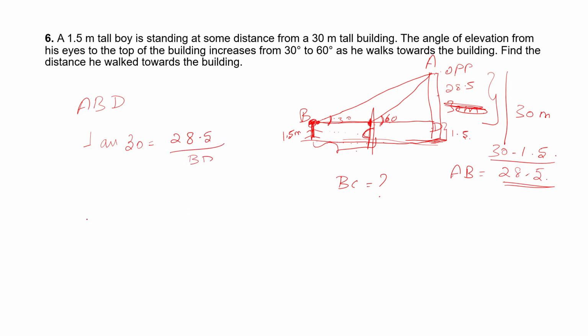And in the second triangle ACD, tan 60 is equal to 28.5 divided by CD. So for these two triangles, we have to check whether we can equate something so that we can find the value.